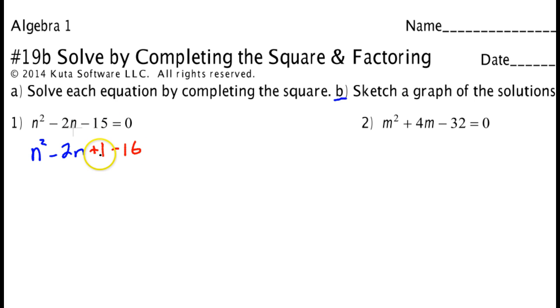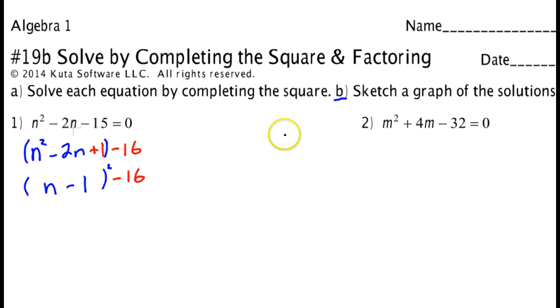Or just do 1, what do I have to do to get to -15? I have to do 1 minus 16 to get to -15, same thing. Let's go ahead and just factor that. So we'll have n, half of -2 is -1 squared, and bring down the -16.